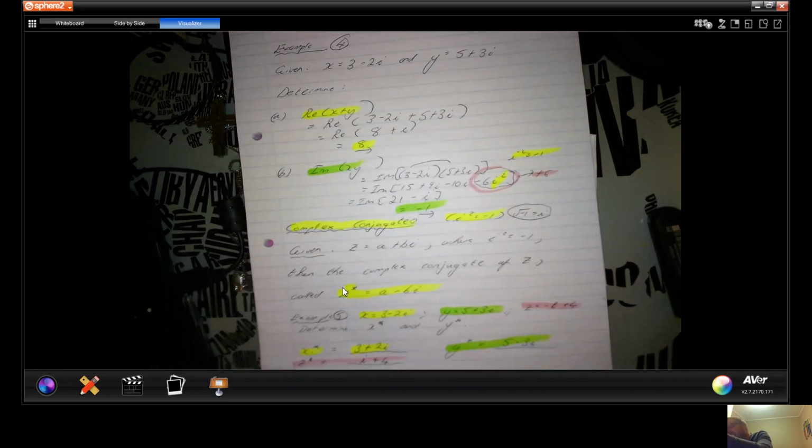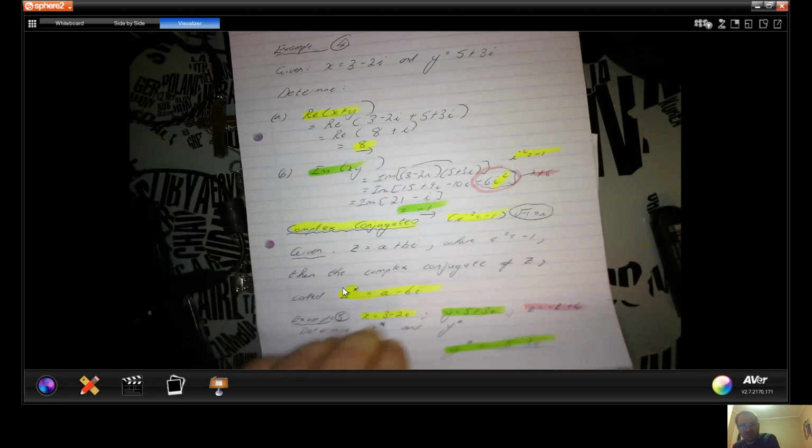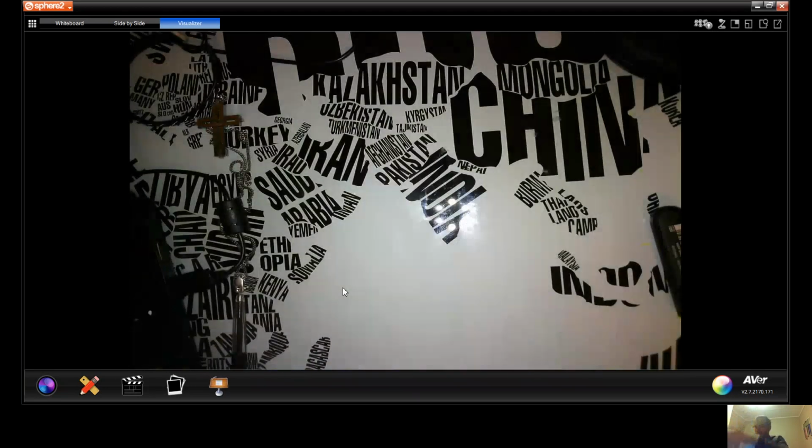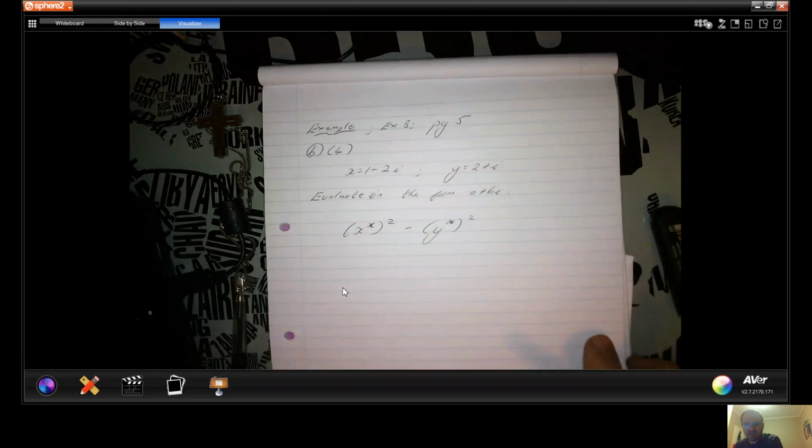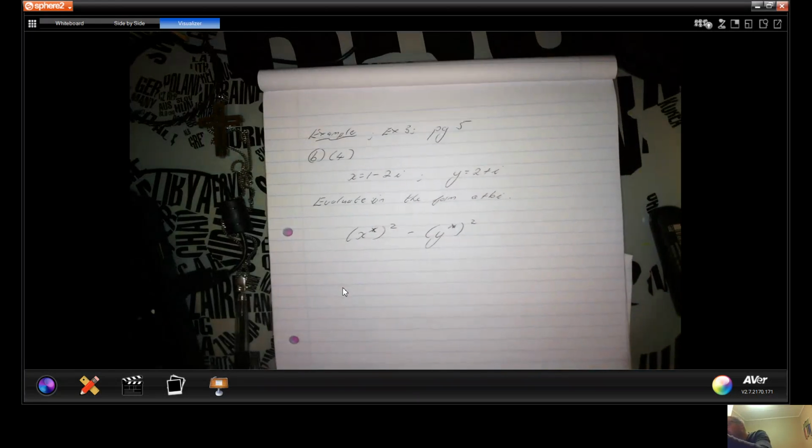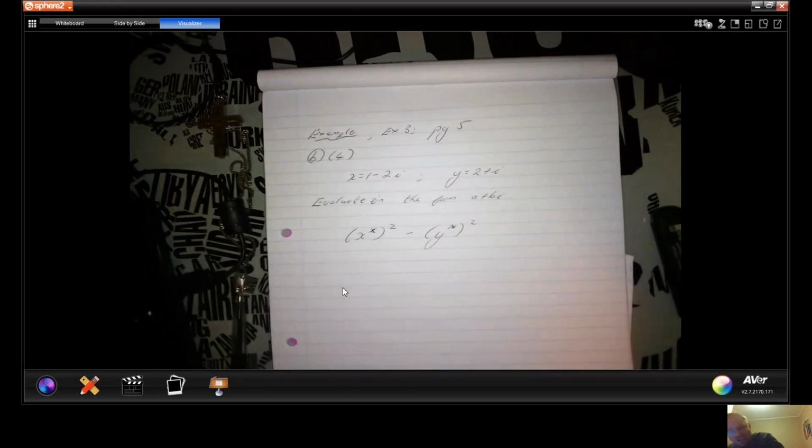Okay, righty then. Last page, page 4. In this example, I've taken it straight from exercise 3 of your Mind-Born Maths on page 5, and we're doing question B4.